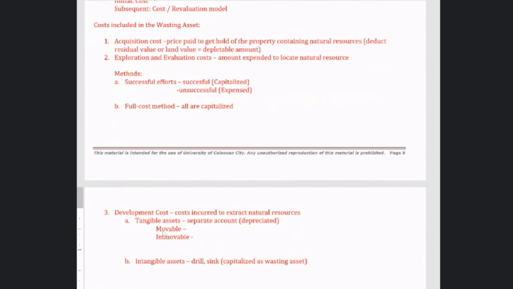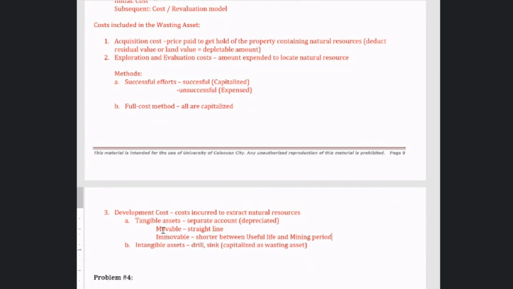Immovable, ibig sabihin either i-destroy mo na or i-scrap. Pag movable, straight line method ang ginagamit sa pag-depreciate. Pero kapag immovable, tangible development cost, shorter between the useful life and the mining period. Mamaya sa problem natin may ganitong example.